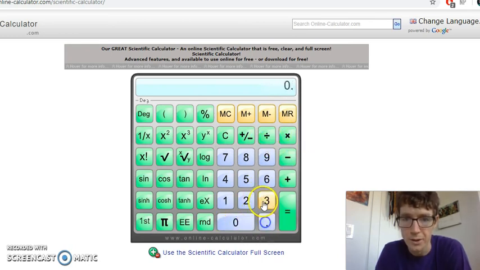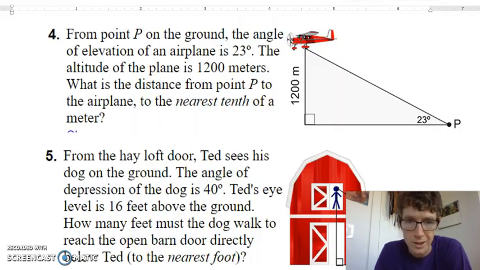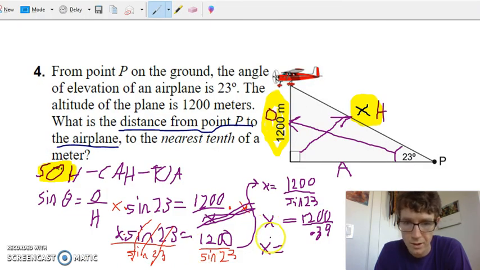That equals 3076. Let's call it 3077. Let's round this up. 3077. And what unit are we in? We're in meters. So 3077 meters.